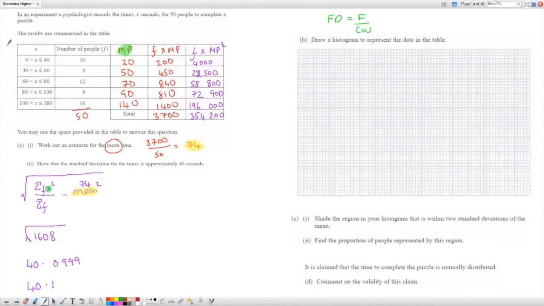So having a look here, our class widths are 40, 20, 20, 20, and 80. Using that information, we are then going to calculate the FD. So taking our frequency and dividing by the class width.